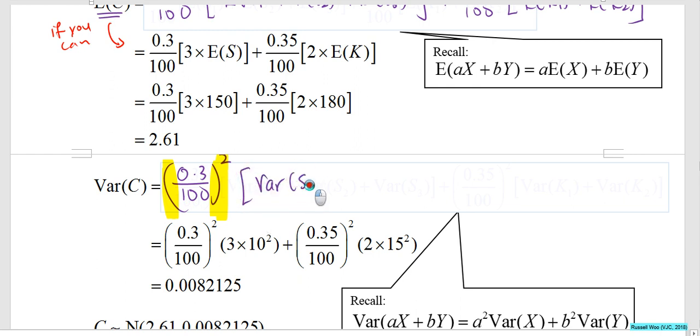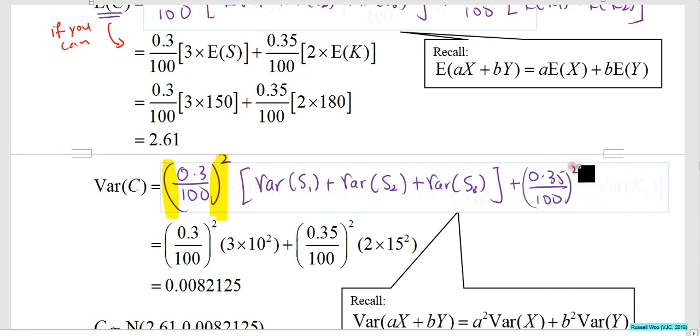Variance of S1 plus variance of S2 plus variance of S3, plus 0.35 over 100 squared times variance of K1 plus variance of K2. Let us not forget the square.